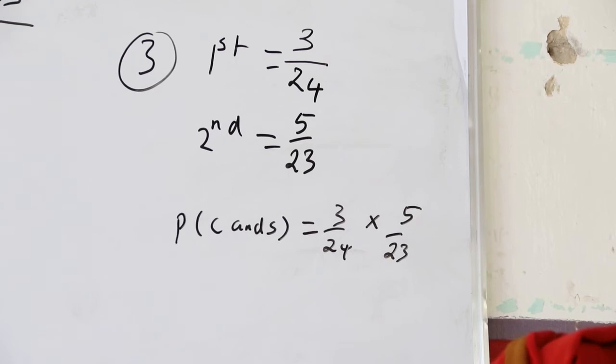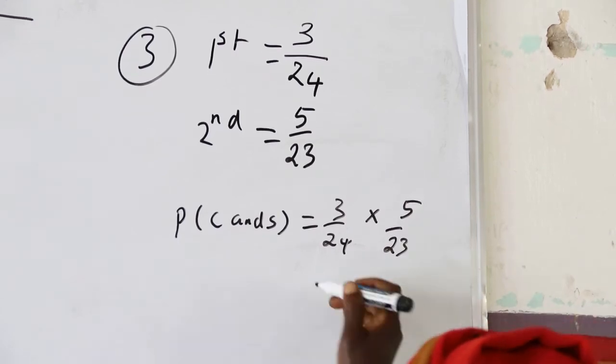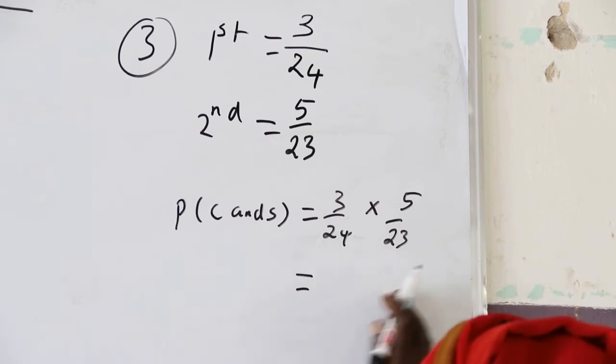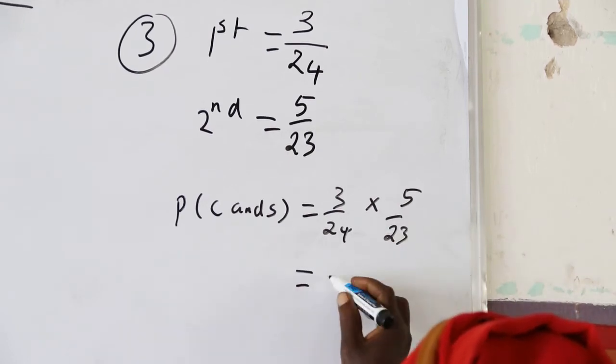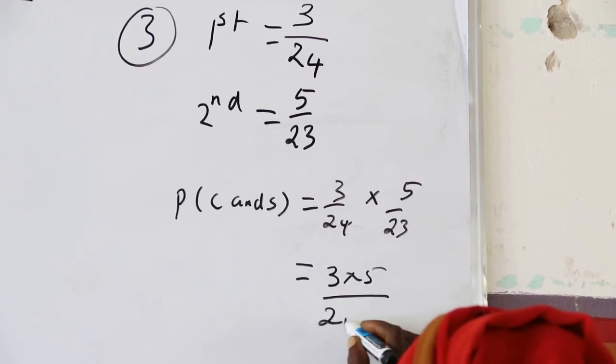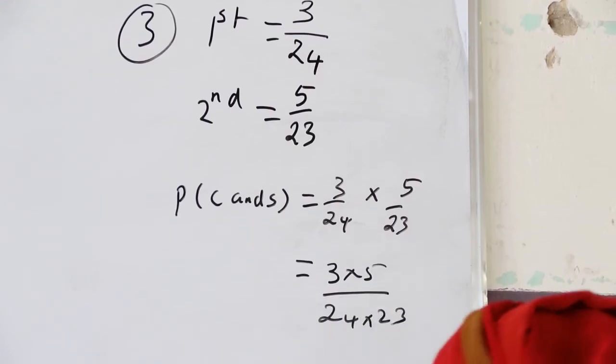So if we have that one like this, then what we'll now do is 3 times 5 all over 24 times 23.